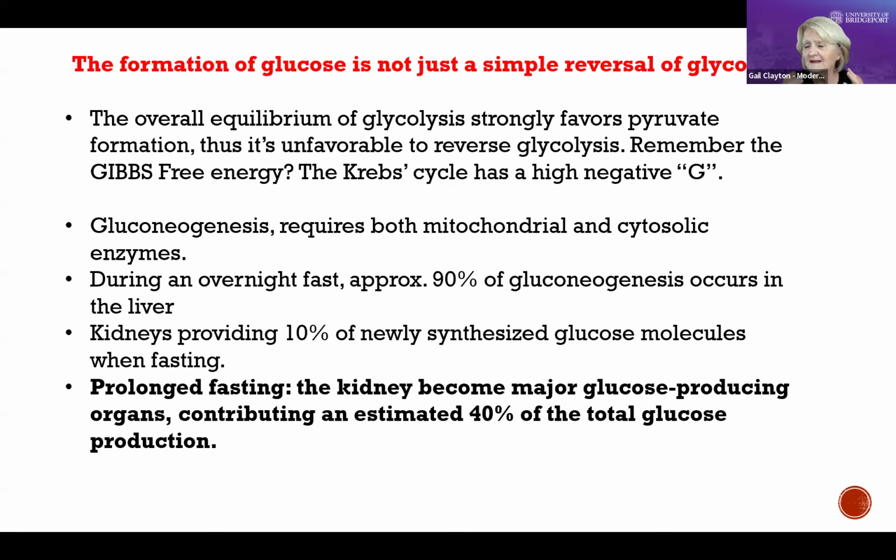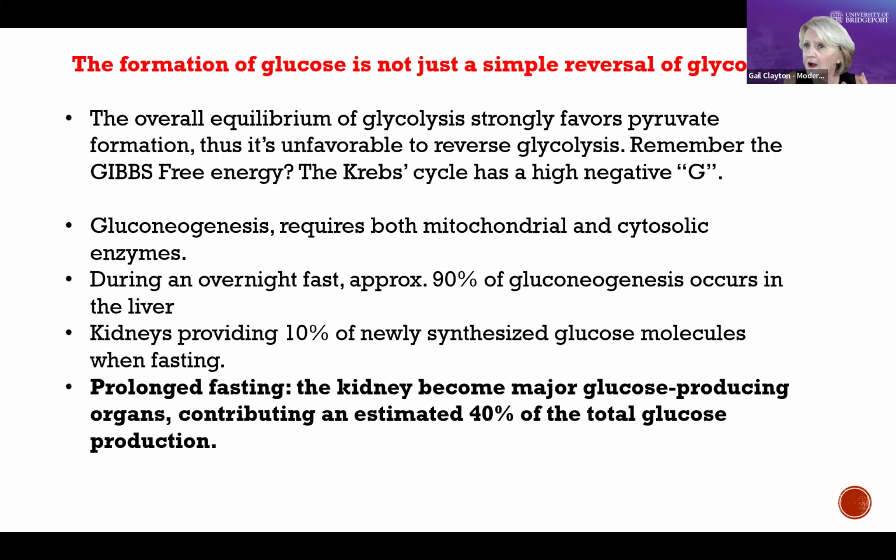Now, next module 9, we're going to be talking about the energy of the Krebs cycle and what regulates it. So the Krebs cycle has a very high negative G at the entrance. So that's very favorable to be pulling the substrates in, to be pulling the pyruvate to go to acetyl-CoA to go into the Krebs cycle. So it's not really going to go backwards.